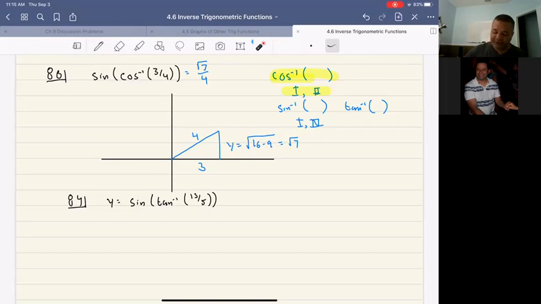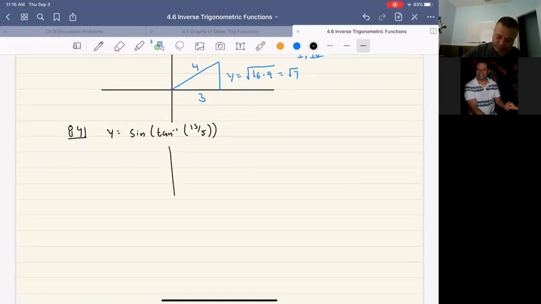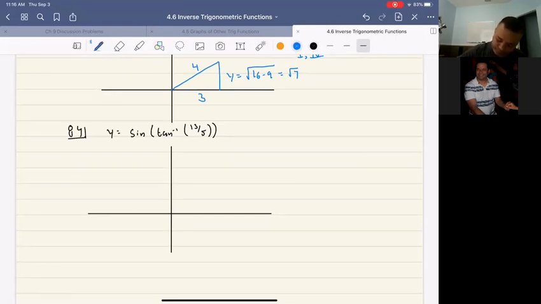You're going to be in either the first or fourth because you're taking inverse tan, and it's positive, so it's going to be the first quadrant. So we'll draw our triangle. Opposite over adjacent is 13 over 5.